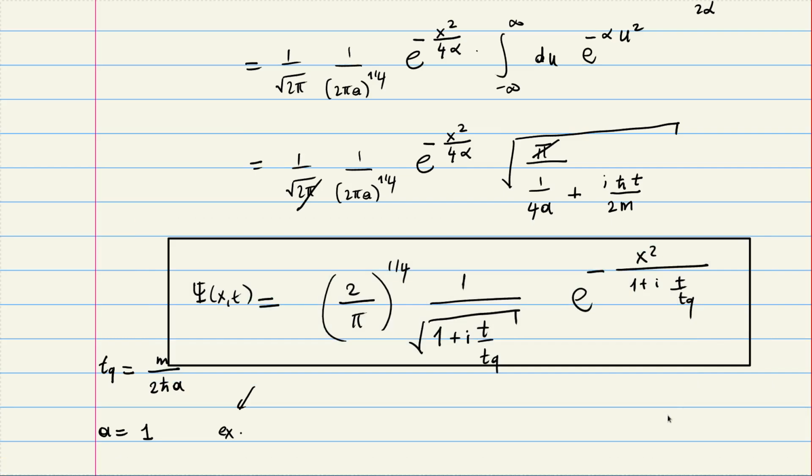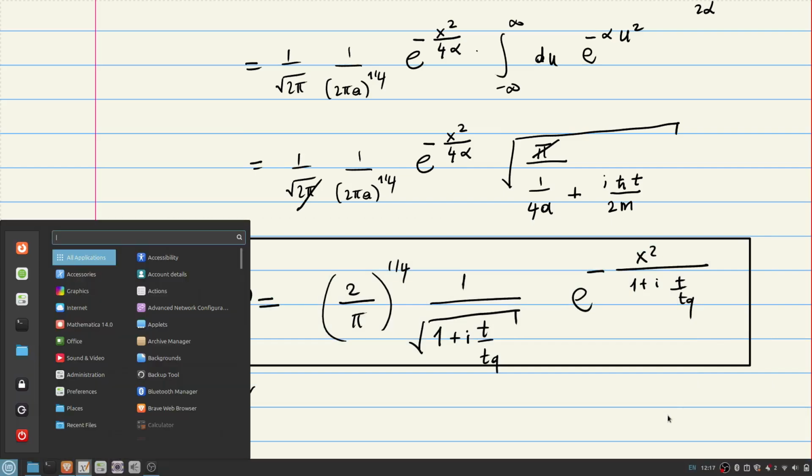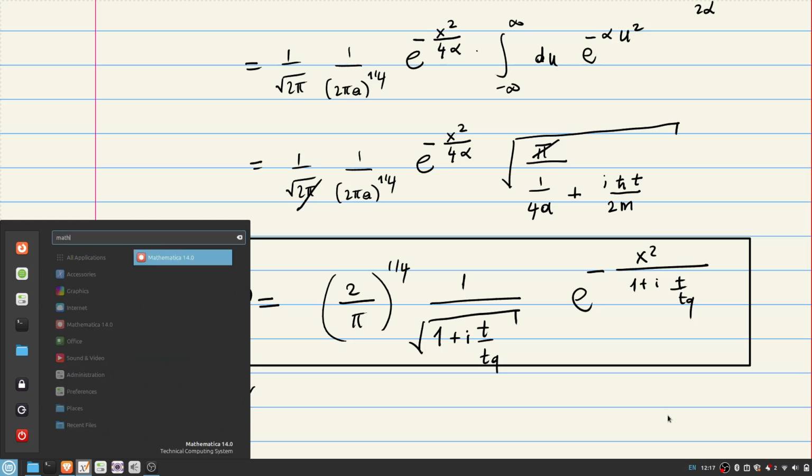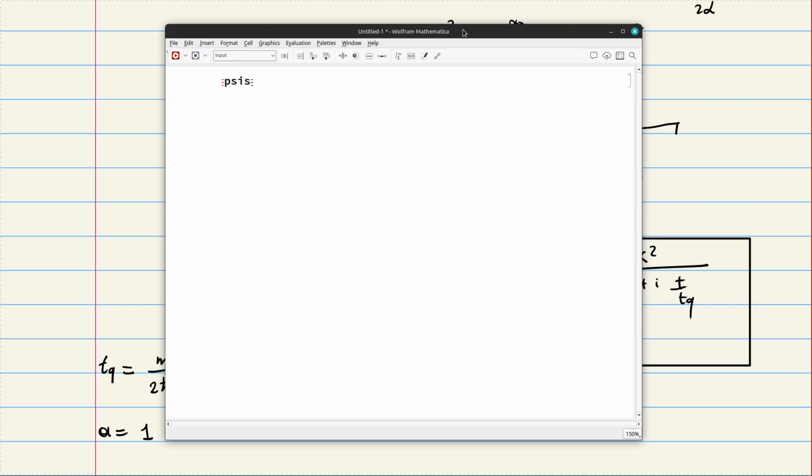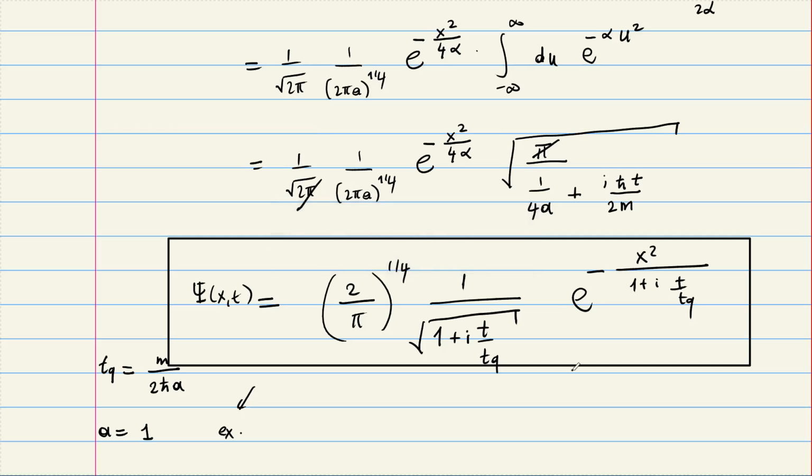Good. So let's plot it and see how it looks as time evolves. First, let me define a psi. Is this good enough? Should I make it bigger? Maybe I can make it bigger. So psi is going to be a function of x and t. And wherever I see t over t quantum, I'll write t.